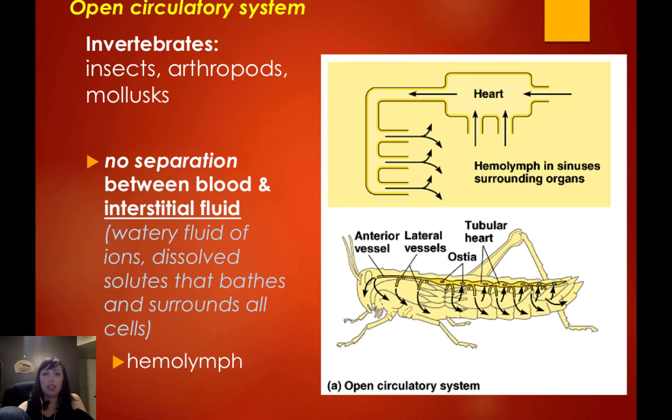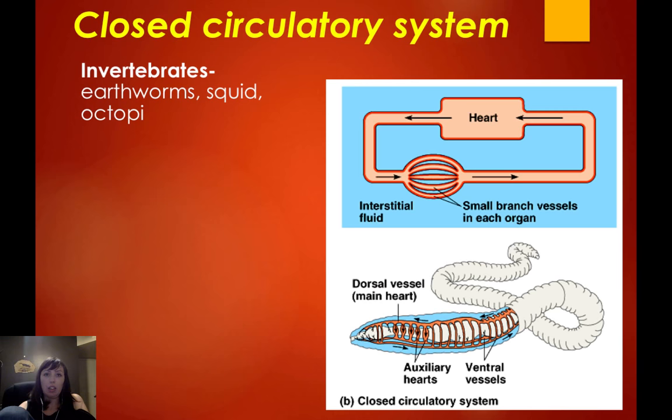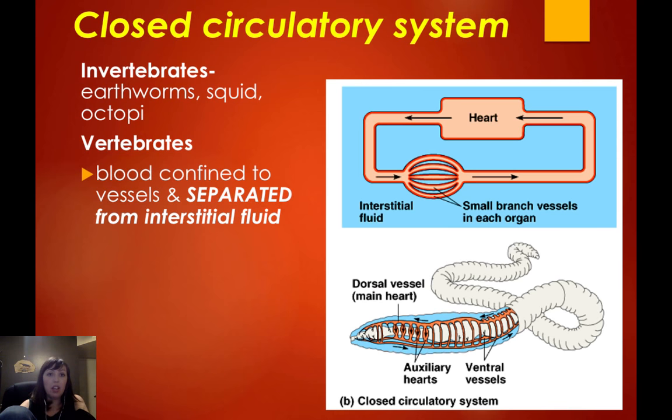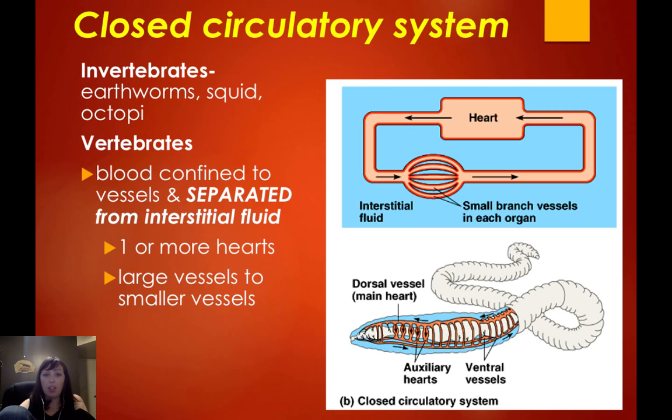Other cellular fluids. And in a closed circulatory system, like invertebrates, earthworms, squid, and octopi, blood is confined to vessels and separated from interstitial fluid. So these animals can have one or more hearts.